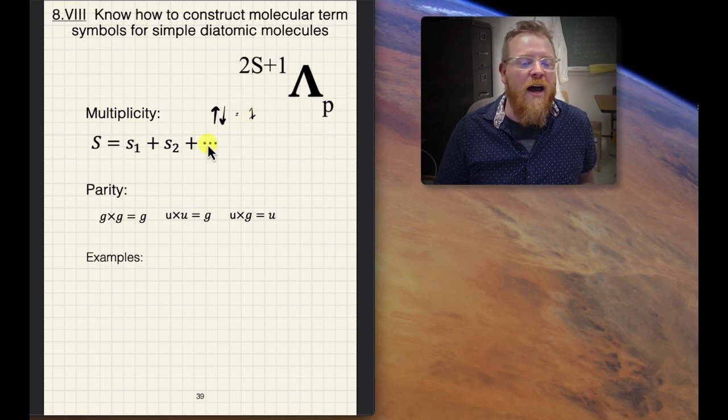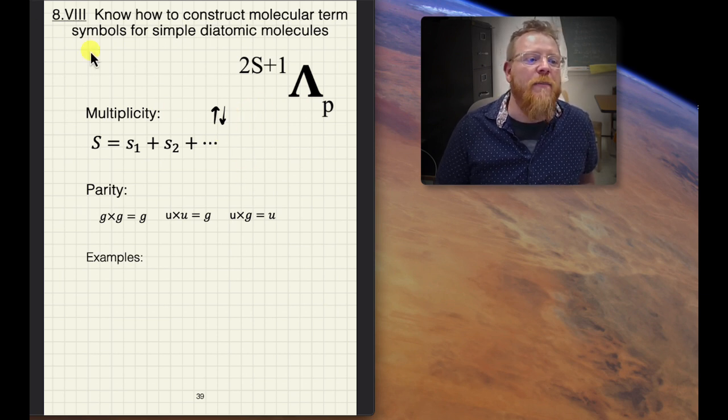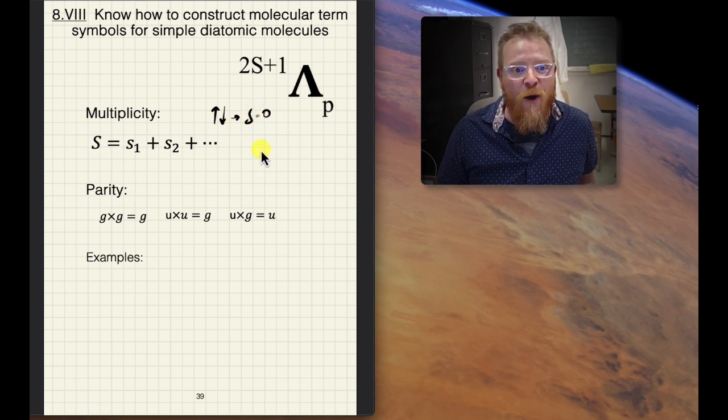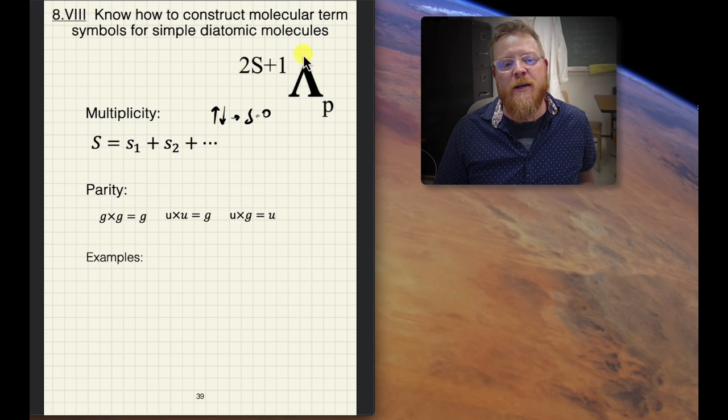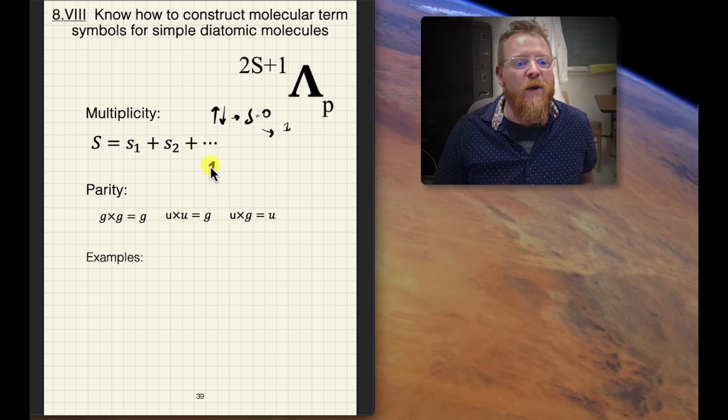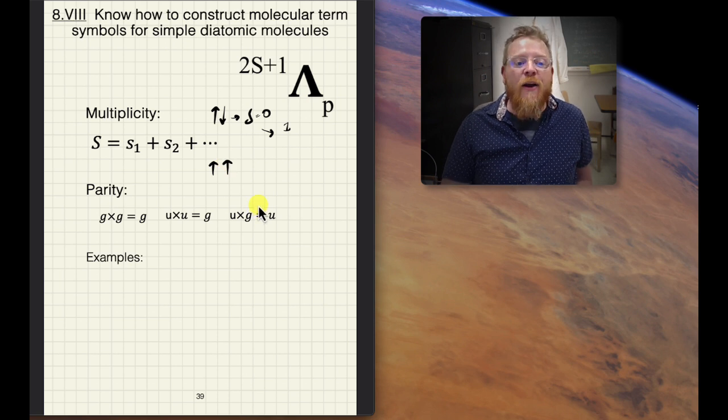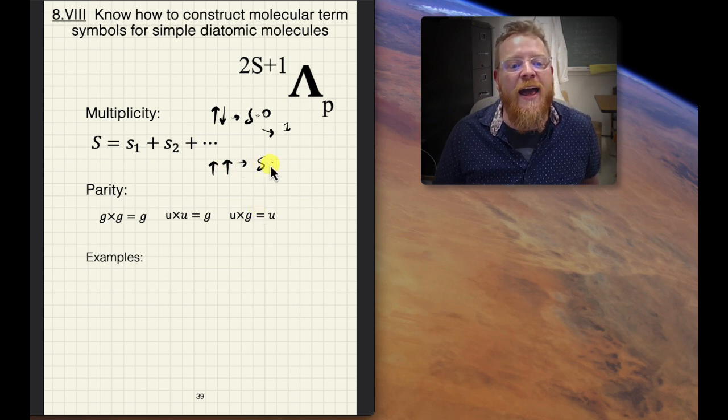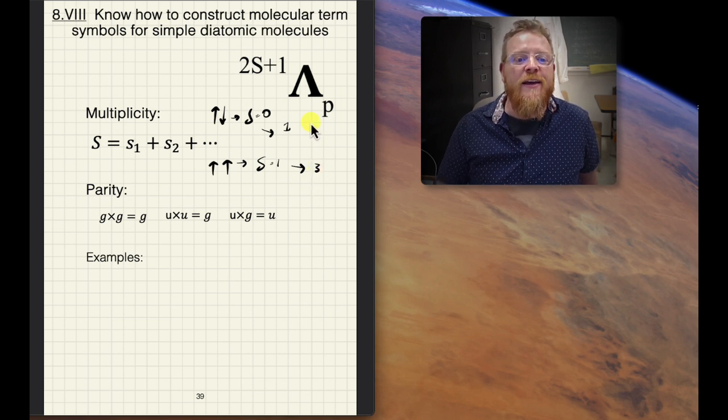So let's actually back up. So when we have a pair, we note that S is equal to 0, and thus the value of 2 times 0 plus 1 is 1 for a singlet. When we have 2 unpaired things, we know we're going to get an S equal to 1, and 2 times 1 plus 1 is 3, right?